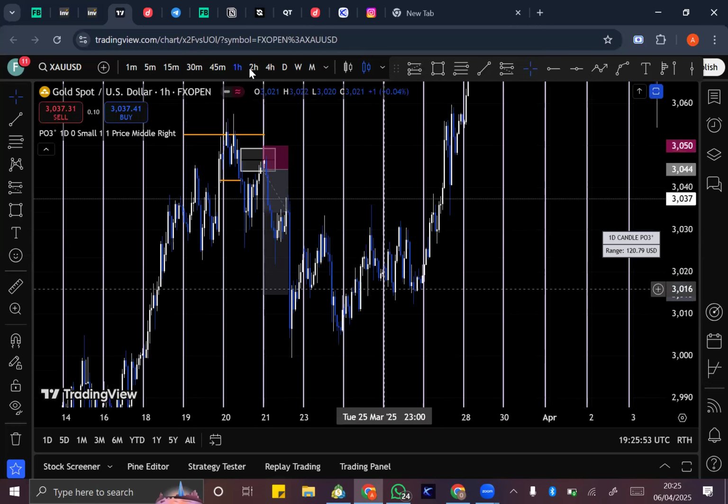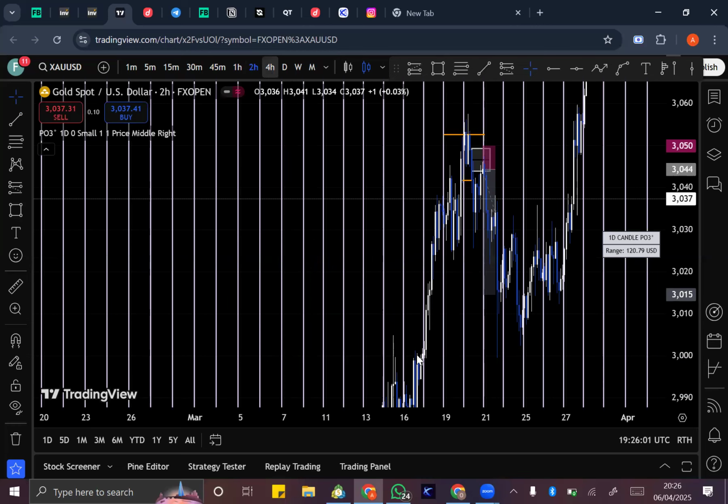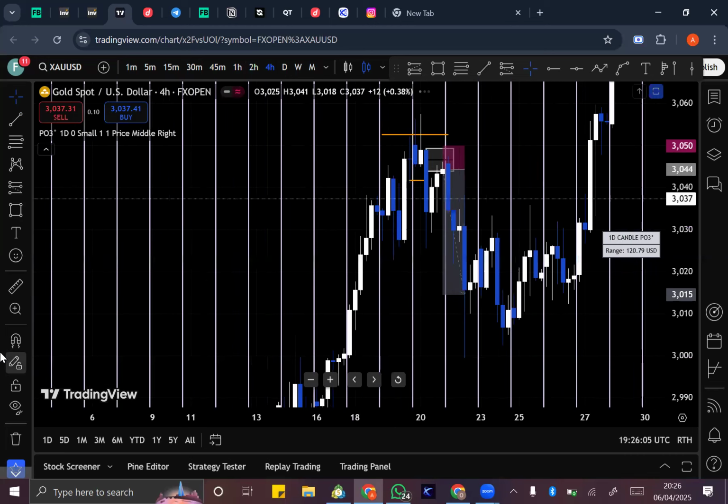Or 11, which is 22 hours. So on the 4 hour time frame, I think it's six. So you are going to see six candlesticks: one, two, three, four, five, six. That's just how it is.